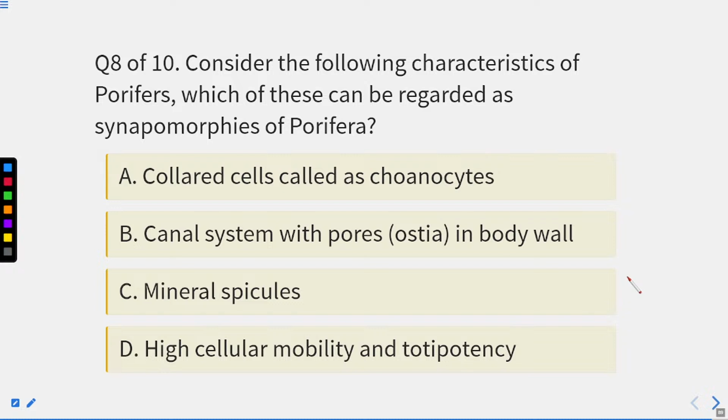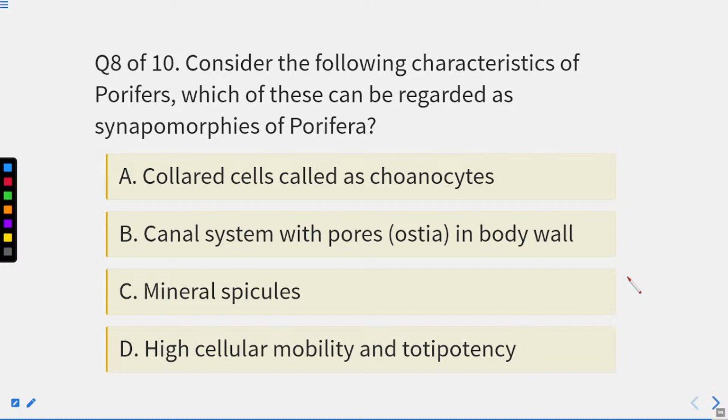Consider the following characteristics of Porifera. Which of these can be regarded as synapomorphies of Porifera? This is showing the evolutionary relationship, right?